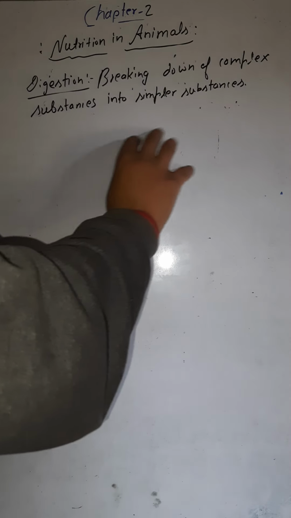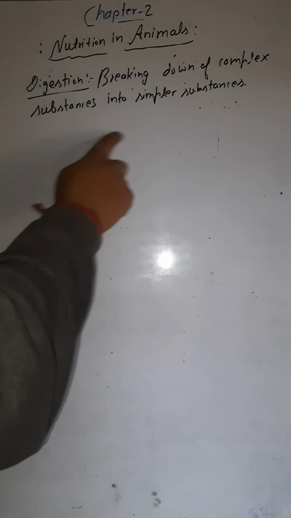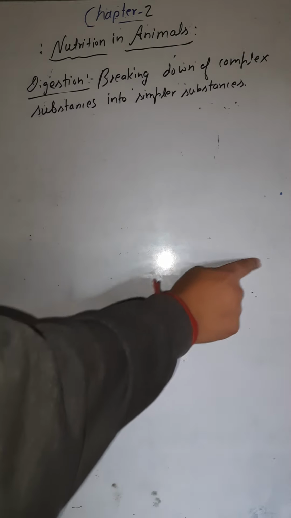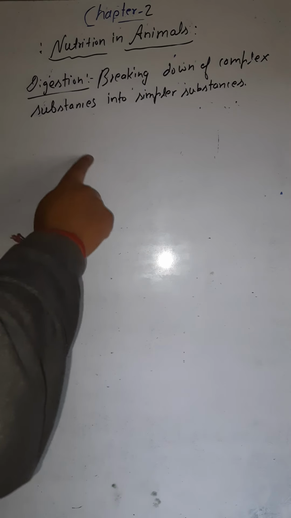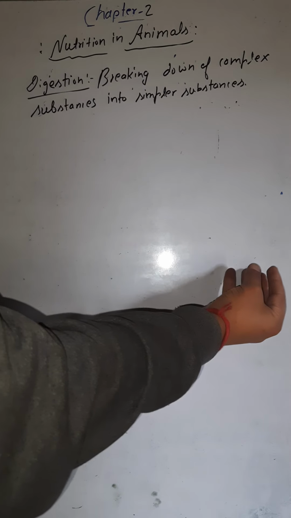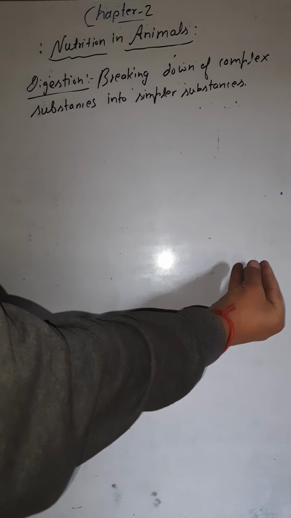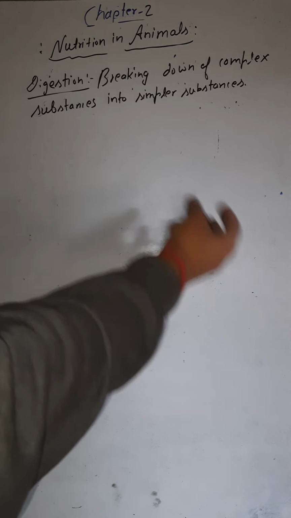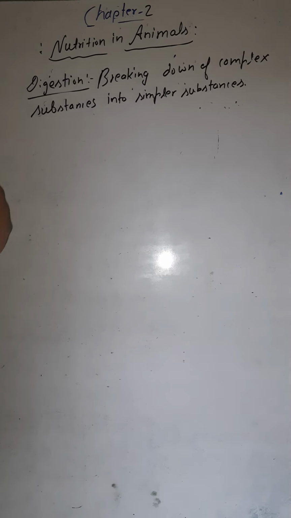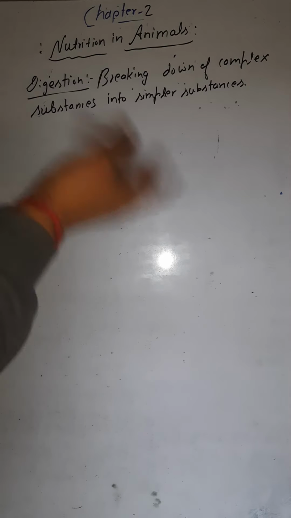Suppose here you have a snake and here a mouse. The snake is going to consume this mouse, and the mouse will go inside its mouth, so it will swallow the whole mouse. This is how the snake consumes its food, it swallows the whole organism.